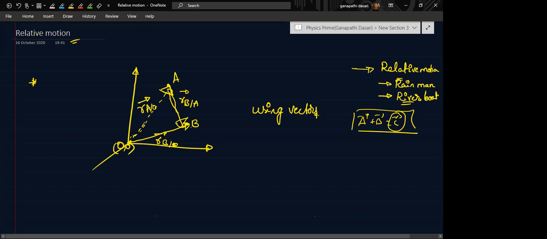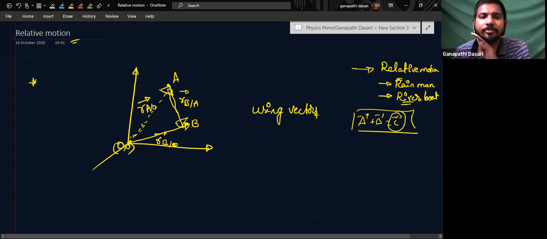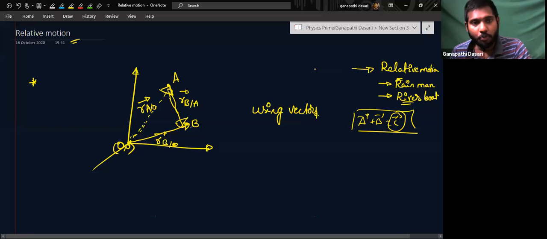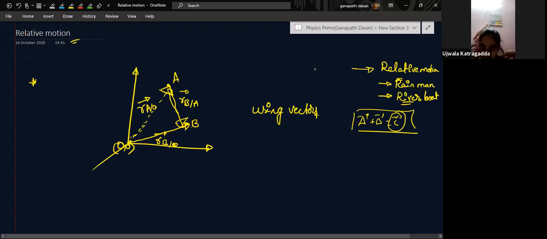No. Use your vectors brain. Varun, you tell me what two vectors if we add, we'll get the third vector here. Sir, BA and AO, if you add, you'll get O. No, sir.